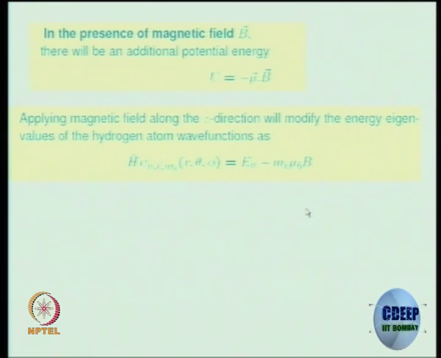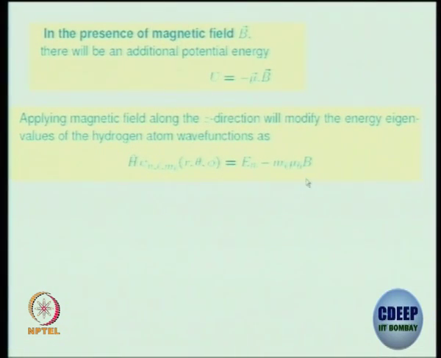We have seen this. Sorry, I should have put a multiplying wave function, which I have not done. So, please put that wave function. So, it is an eigenvalue equation again, but initially the energies of those wave functions were En. They will still be En only for ml equal to 0. But for ml not equal to 0, it starts showing whether it is plus or minus L, or it goes from minus L to plus L. There will be distinct levels with different energies, and that shift will be Bohr magneton times the magnetic field.